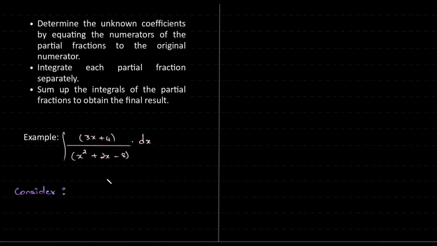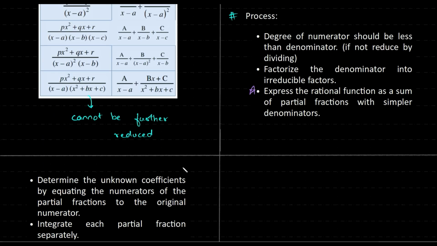Okay, first thing is let's look at the degree. The degree over here is, correct, 2 and the degree over here is, correct, 1, right? Now we'll consider the denominator, and now we need to split them, factorize them, right?